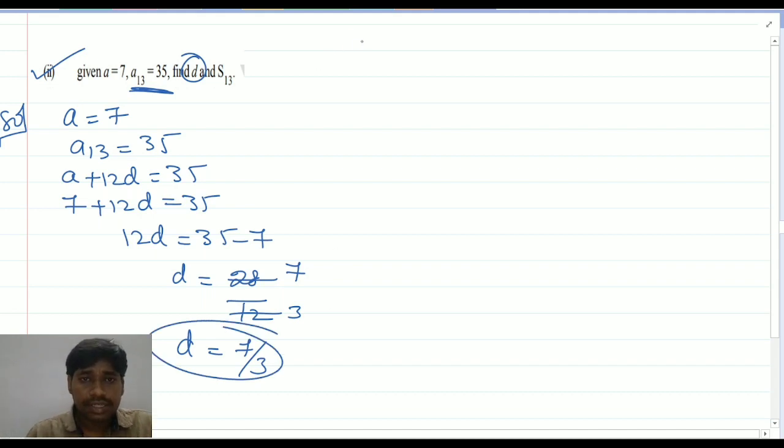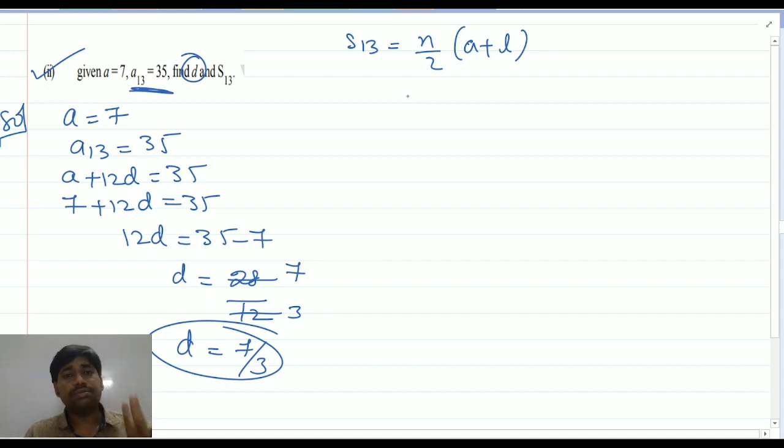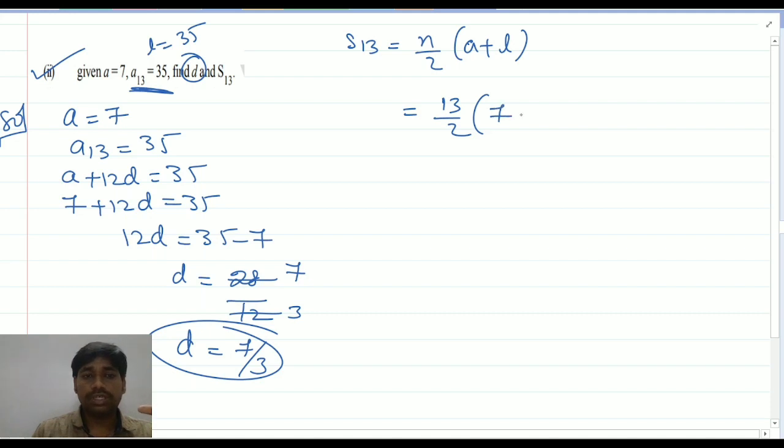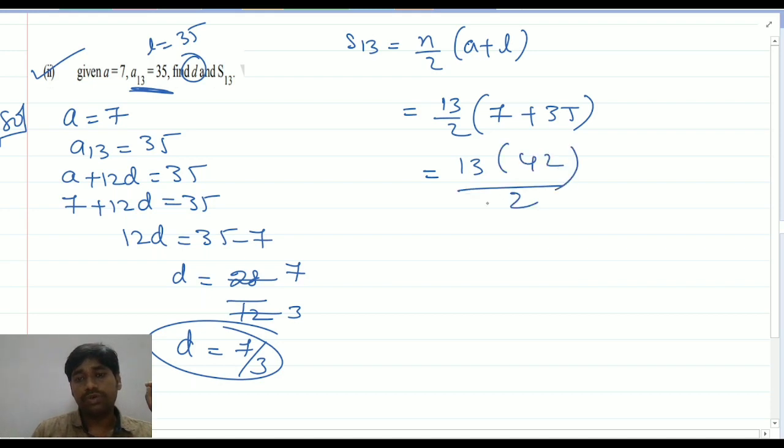After knowing that, S13 we want, that is n by 2 of (a plus l). l is nothing but the 13th term here. So 13 by 2, the first term is 7 and the last is 35. 13 into 42 by 2, which is 21.